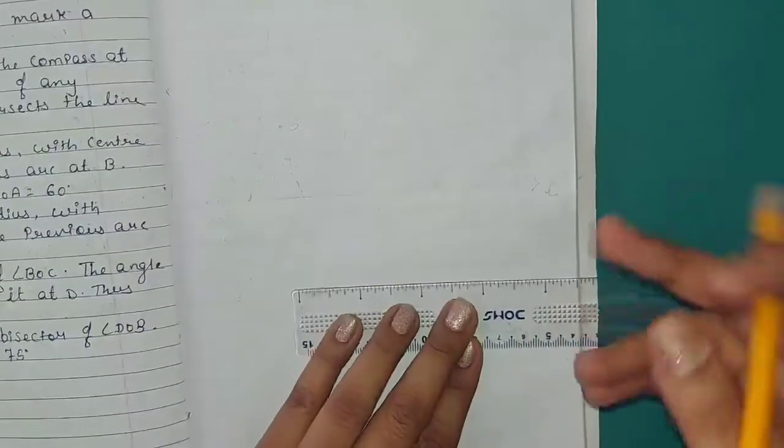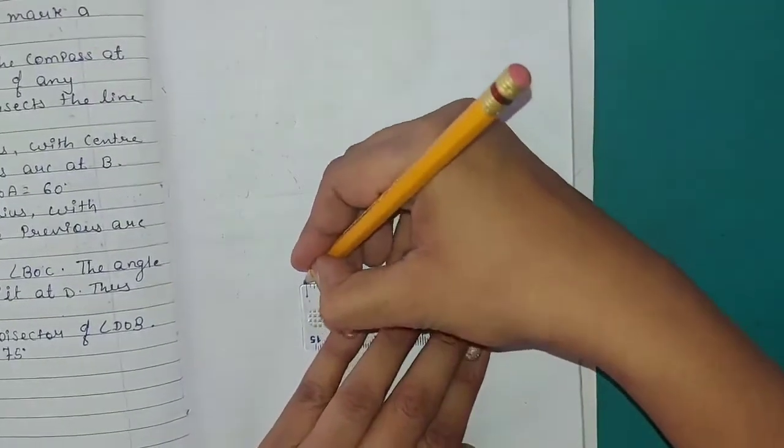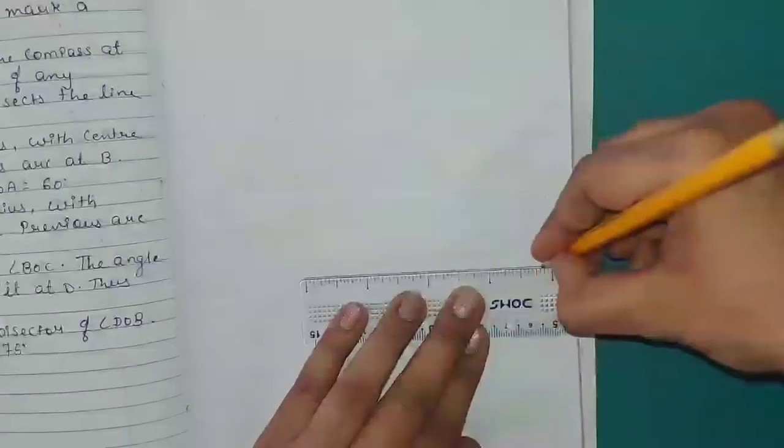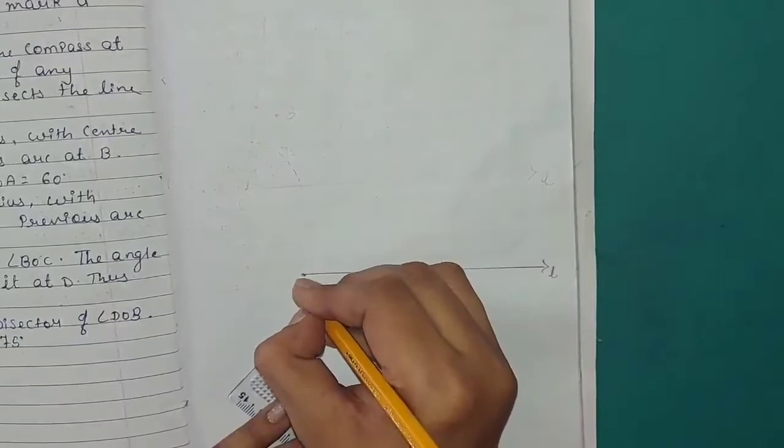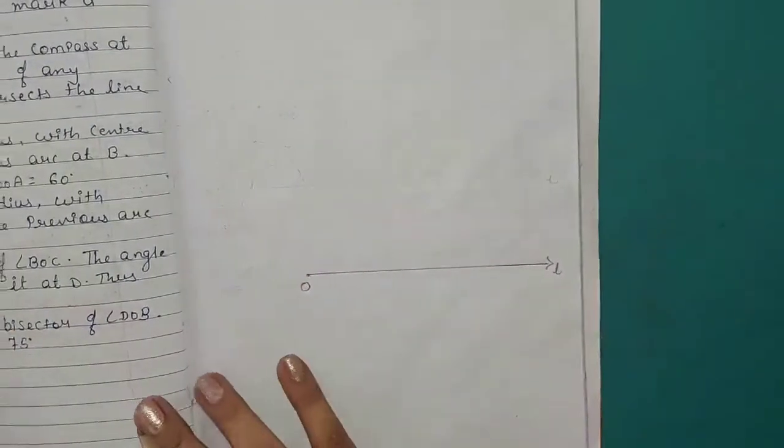So students, here we will draw one line L and here we have to mark a point O on it. Next step.